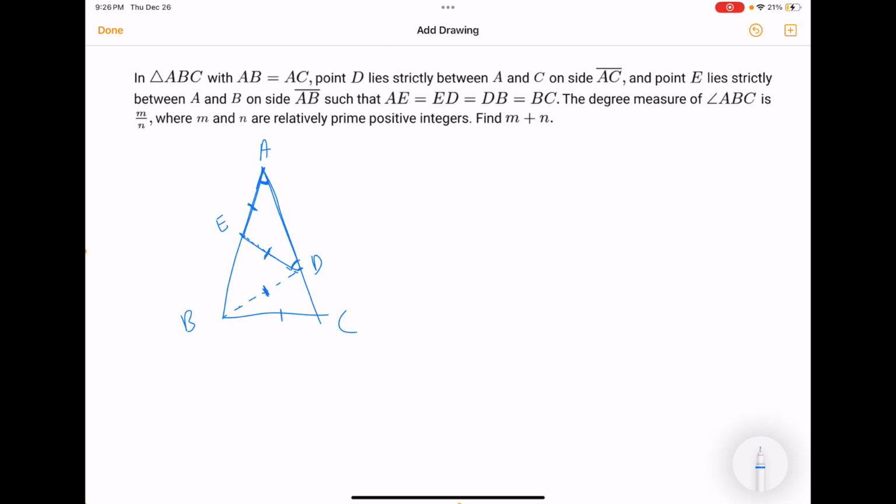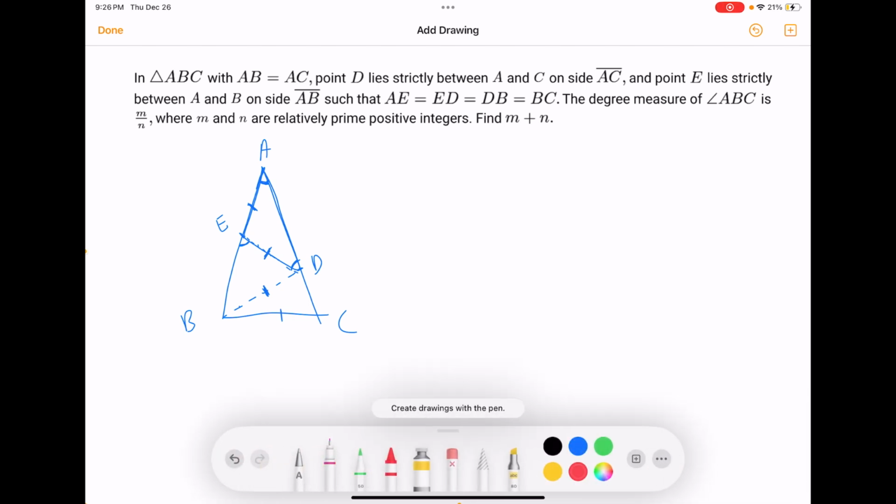And then because ED is equal to BD, we know that angle DEB, I'll switch a color. This angle would be equal to this angle. And then this angle would be equal to this angle.